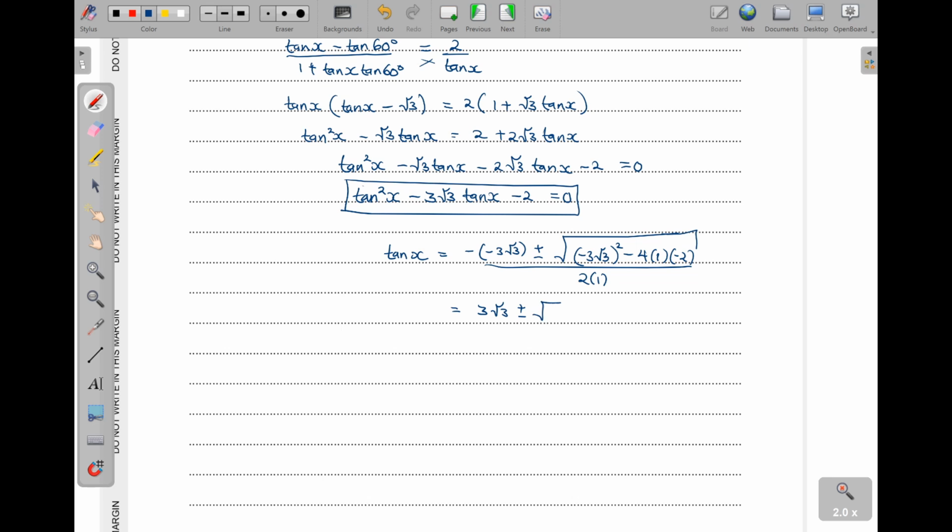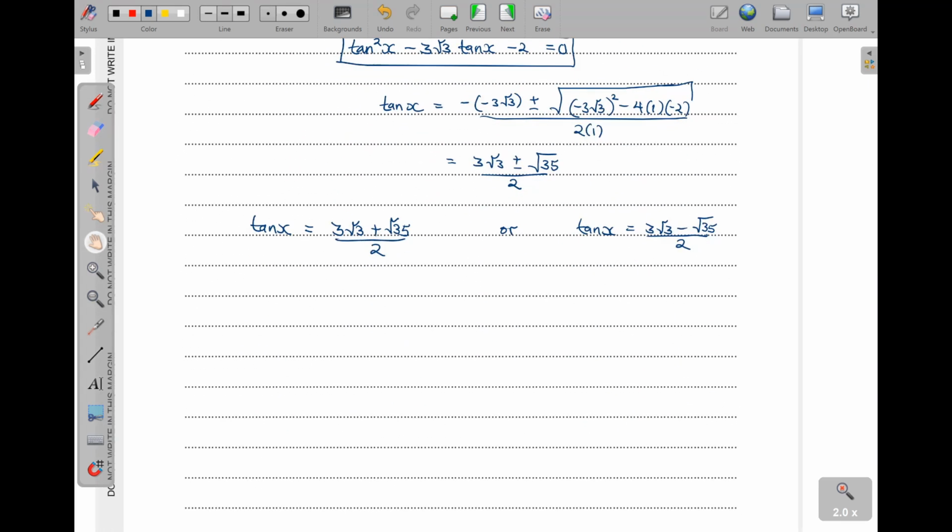When you square 3 root 3, you will get 9 times 3, 27. 27 plus 8, you will get 35. So this will be root 35, then over 2. So meaning tan x can be equal to (3 root 3 plus root 35) over 2, or tan x can be equal to (3 root 3 minus root 35) over 2.